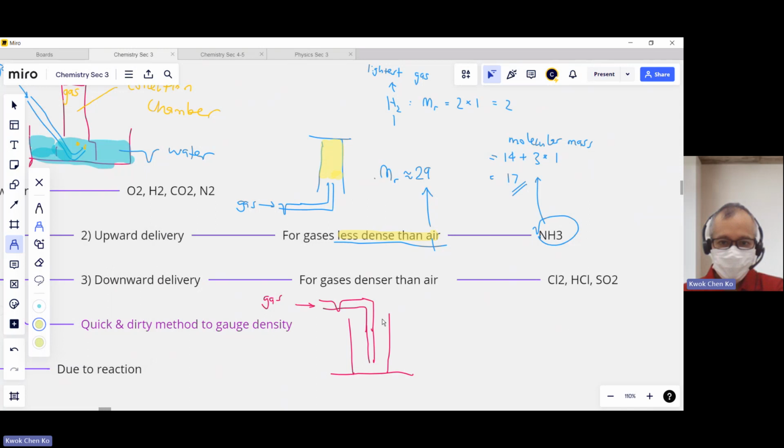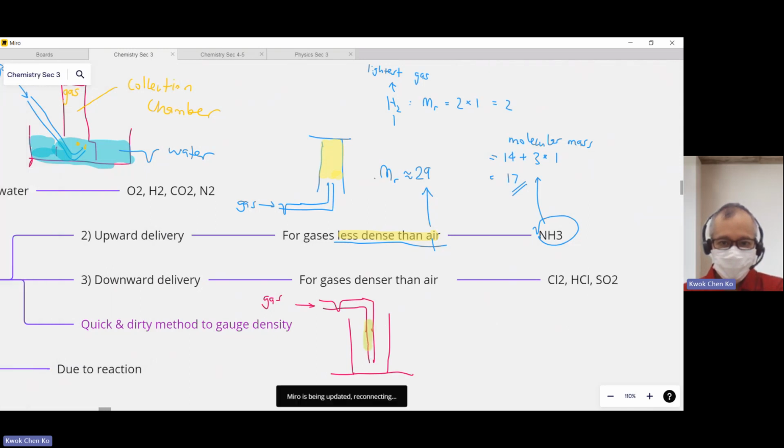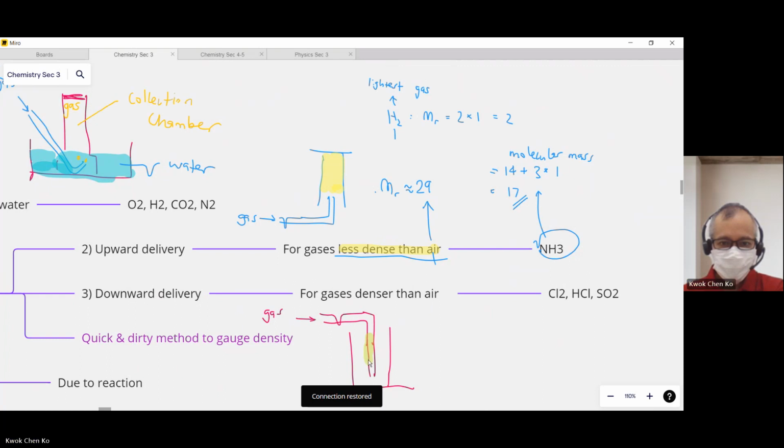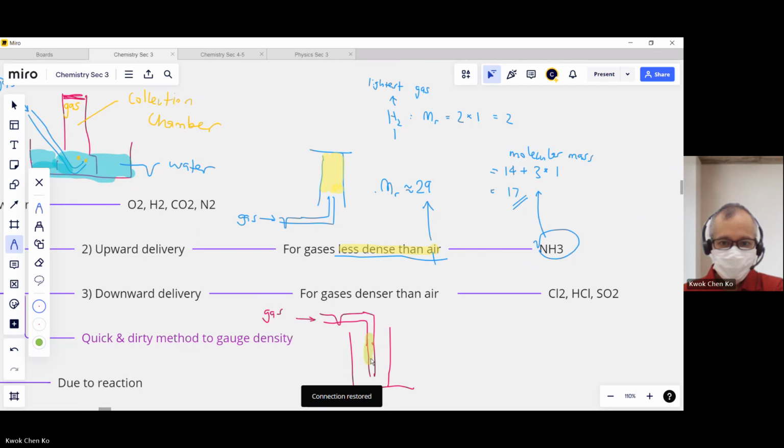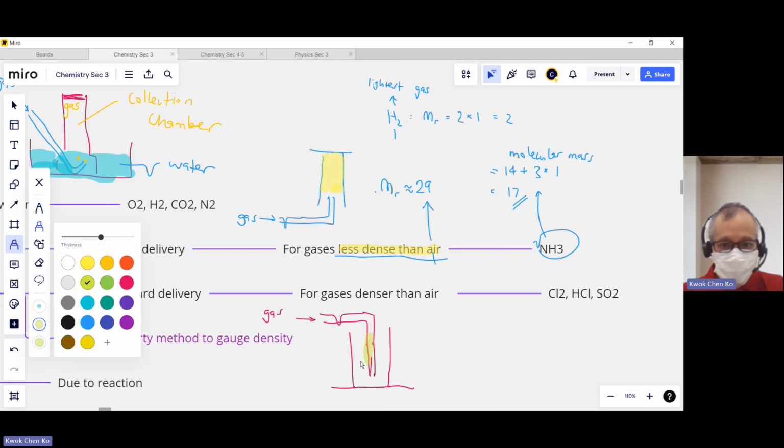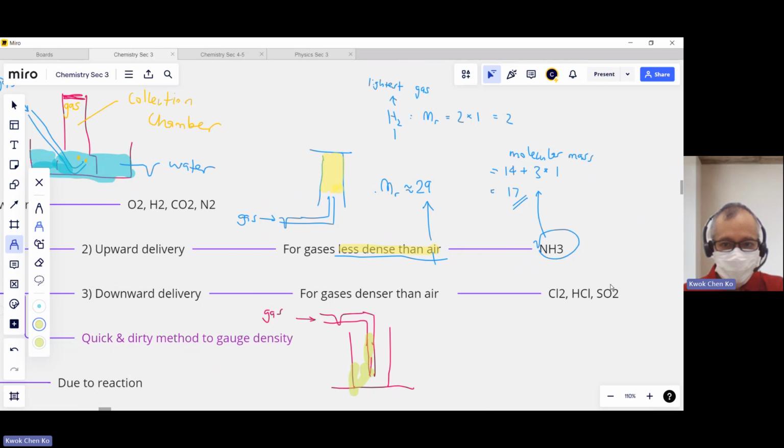So in this case, you allow your gas to sink and accumulate at the bottom of the container. So that is downward delivery.